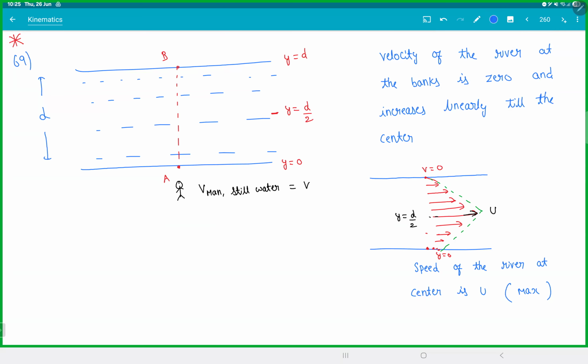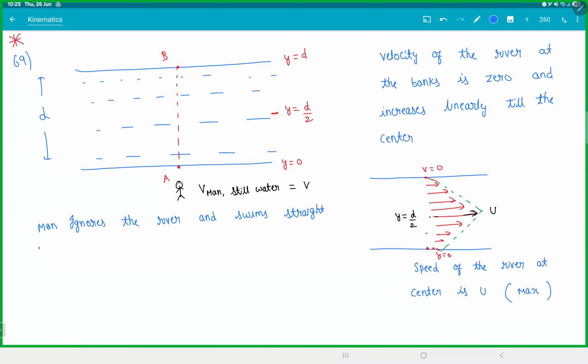Now, what this person does, he just ignores the river and he just swims straight. Just like that aeroplane in the previous problem, he just ignored the river and swims straight along AB, straight ahead.